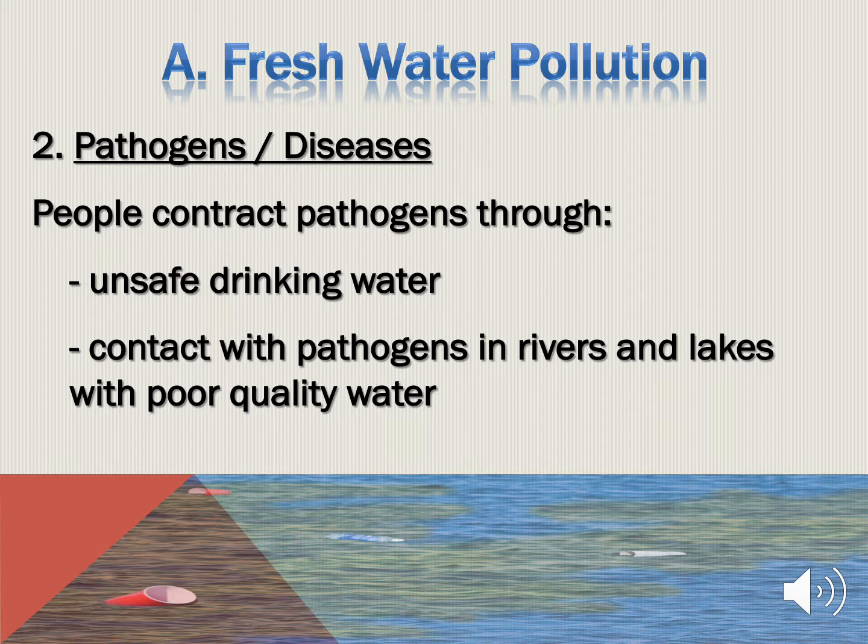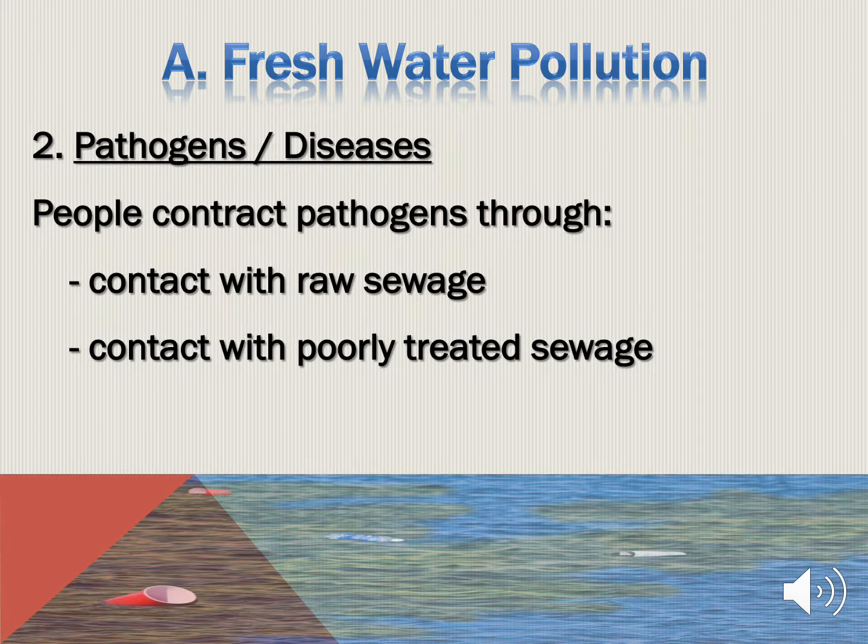If you're swimming or you're bathing, if you're in contact with surface water bodies and they contain pathogens, you may get a disease. People also contract pathogens through contact with raw sewage and contact with poorly treated sewage that hasn't been cleansed of pathogens.